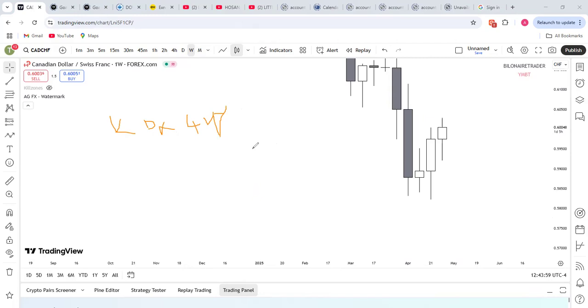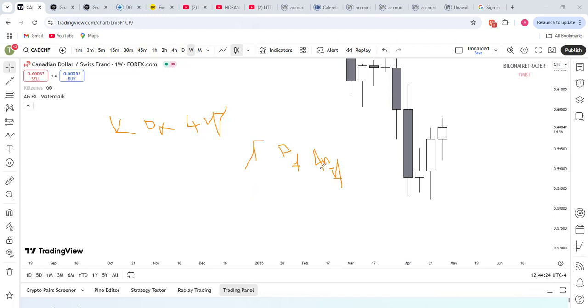And in a sell scenario, we want to look for weekly rejecting weekly. Then we want to see daily give us a breakout, right? And then we want to see 4 hours give us a sweep and a break.